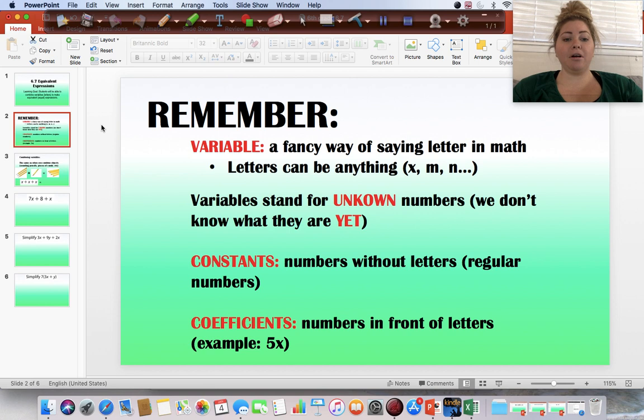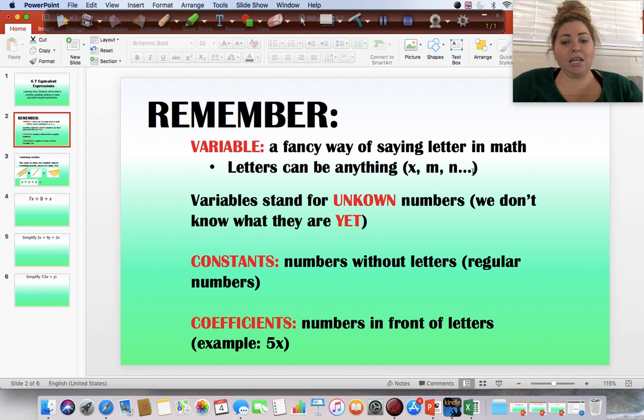Remember, a variable is just a fancy way of saying a letter in math. It stands for a number that we don't know yet. We will solve for variables eventually, because you want to find out what that missing letter means.